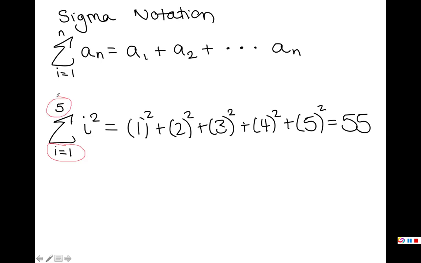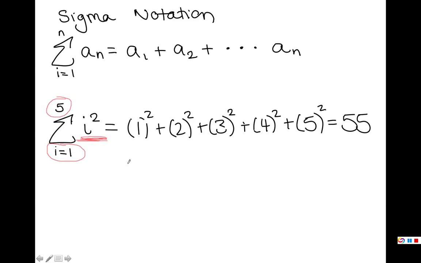What that is telling me is I am going to take the numbers 1 through 5, always whole numbers, so just 1, 2, 3, 4, and 5. I'm going to plug them into this expression here, the i squared, and add them together. So we're taking the sum of i squared from 1 to 5.